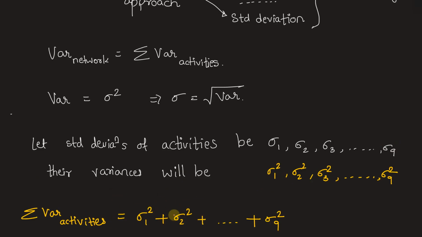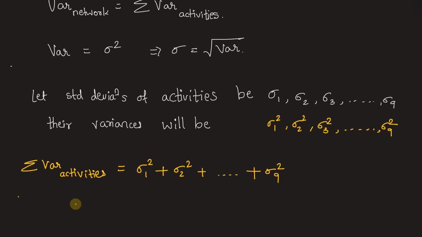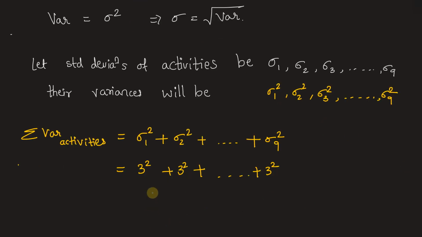You can even pause the video if you want, use the formula and find out the answer. Later you can match the answer. As the standard deviation for each activity is given to be 3, we can substitute 3 square plus 3 square plus up to 3 square, and this is repeated 9 times.